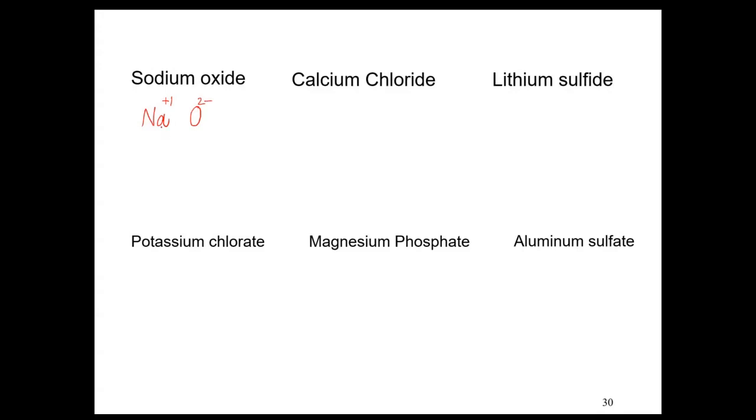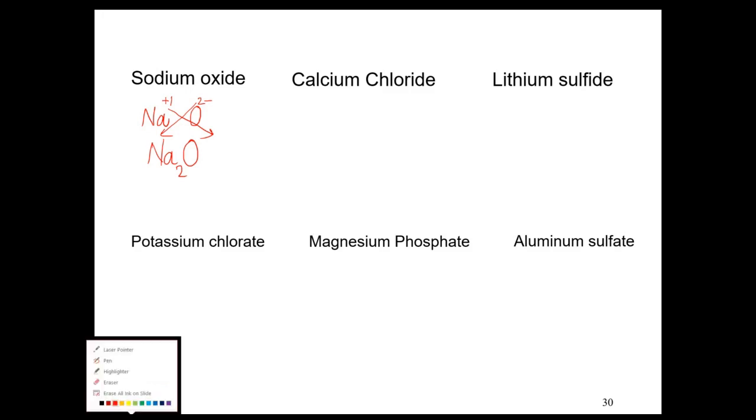When you write these symbols with their charge, this 2 will come here, this 1 will come here. Na2O1. Usually we don't write this 1, so you will erase it. So this is the correct formula for sodium oxide.